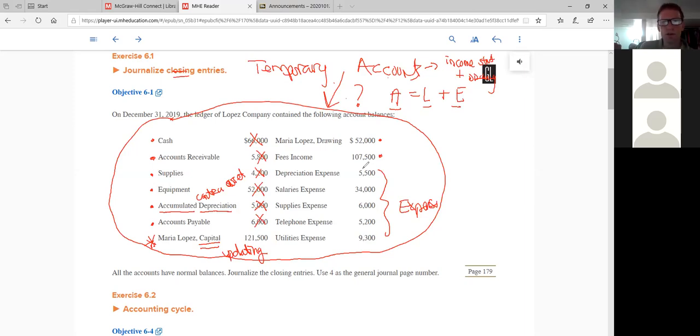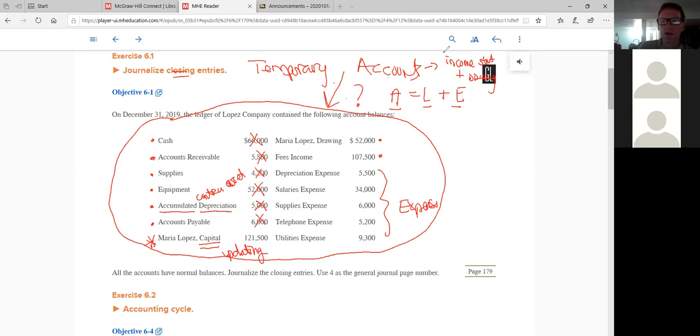I typically would do it in 3 entries to keep it a little more simple. They like to add this account called income summary, which is okay. You don't have to do it. But because they did it and it's in the textbook, and it's also on my illustrations on my PowerPoints in Blackboard, that's the way I'm going to show you right now. And then at the end, I'll go back and I'll show you just the alternate way. It won't confuse you, but it's an alternate way that might actually make more sense to you.